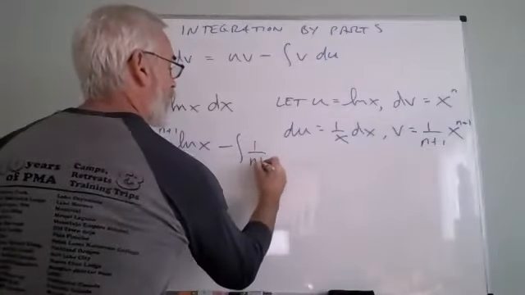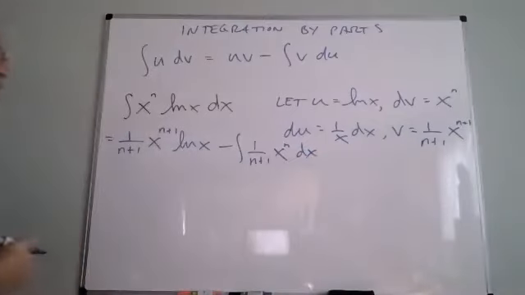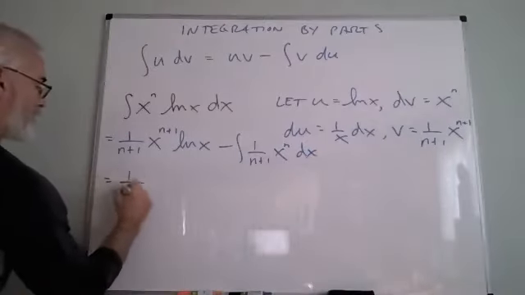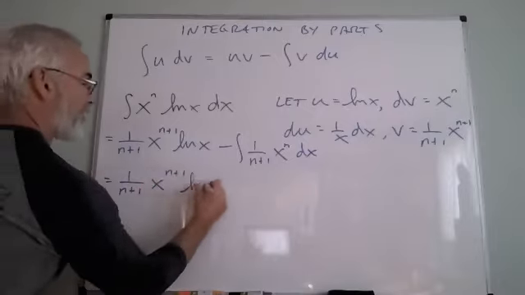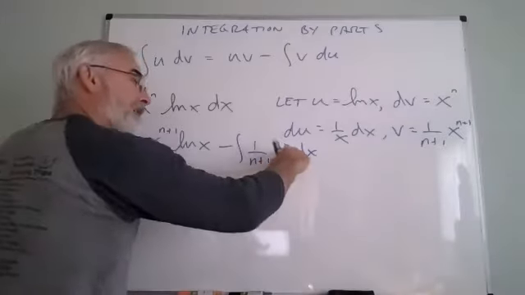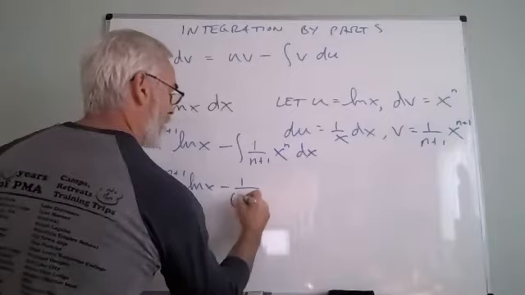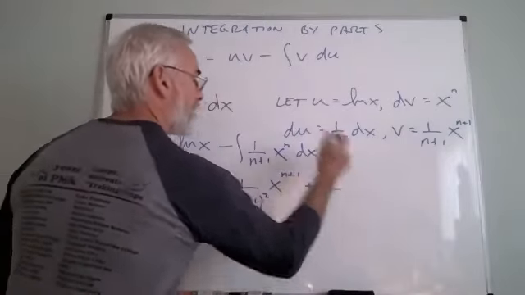So this would be 1 over n plus 1 x to the n dx, which again is a very simple antiderivative. And I'll get 1 over n plus 1 x to the n plus 1 log x. Again, I get a denominator of n plus 1, so that will be squared, x to the n plus 1 plus c.